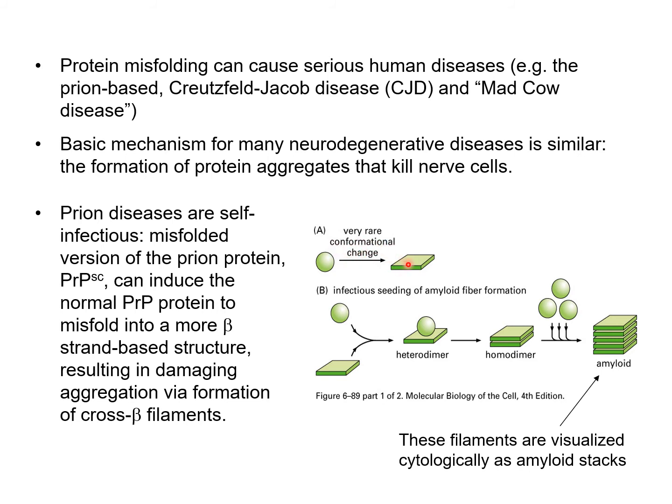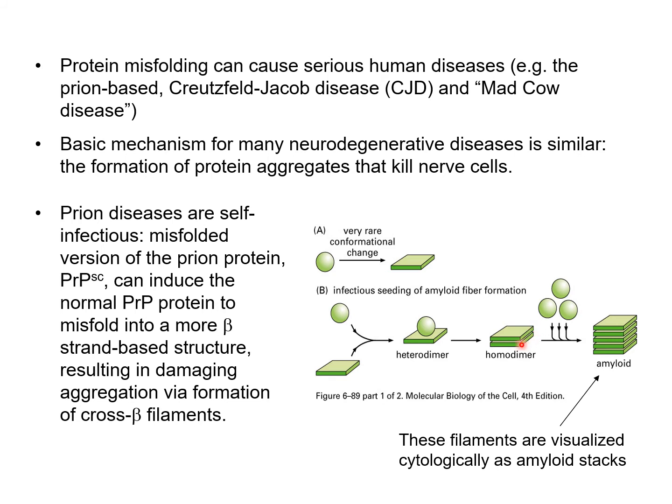But once that is formed, it can affect the other normal prion proteins by making heterodimers or polymers, and change the normal shape of the prion protein to the infectious shape, which is beta strand based. It's also called the prion protein scrapie version, so PrPSc too.